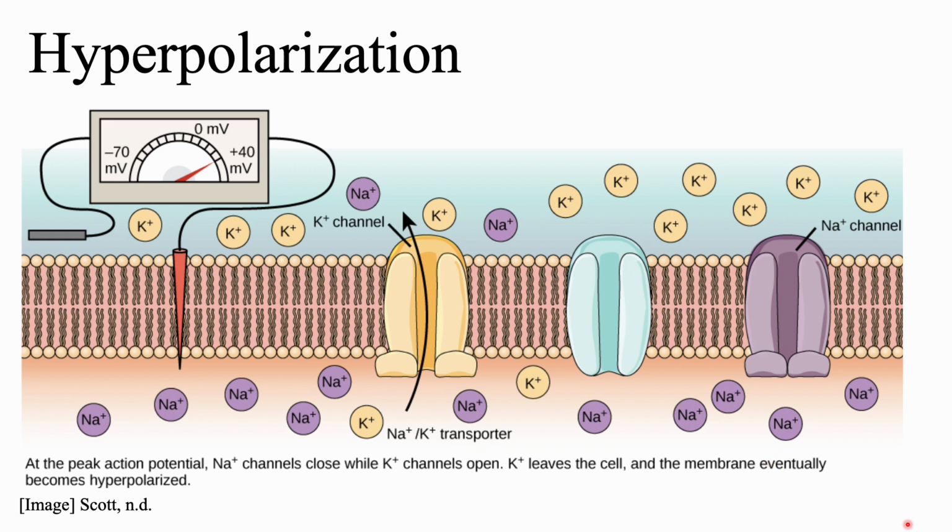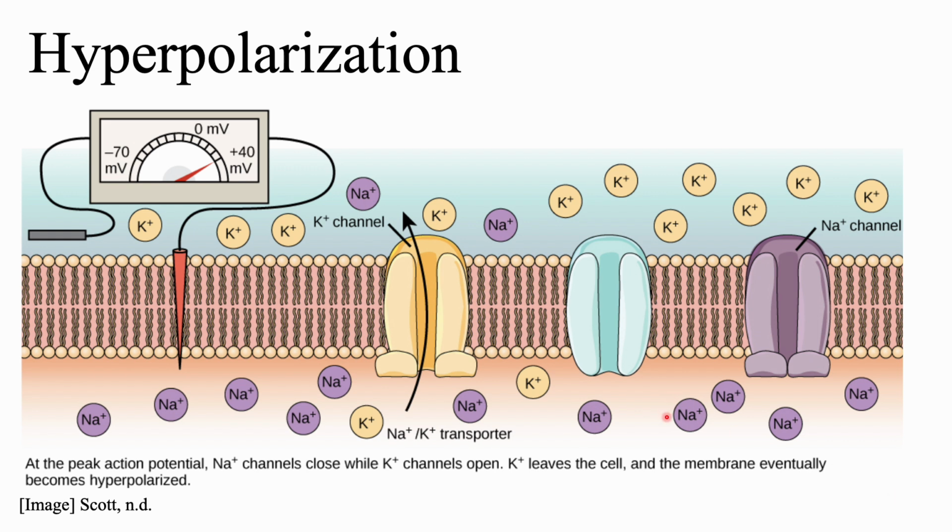At the peak action potential, potassium channels will open and the cell will become hyperpolarized. At first, it becomes slightly more negative than the resting potential, and then it levels off, returning back to its resting potential. So what is our resting potential again?